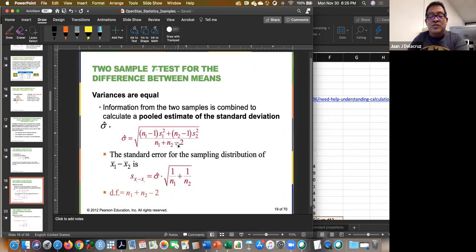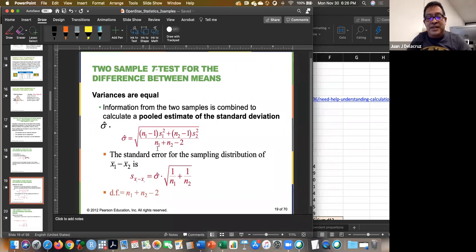When it comes to the big degrees of freedom, we are going to add the sample size of the first sample plus the sample size of the second sample, and then subtract 2.